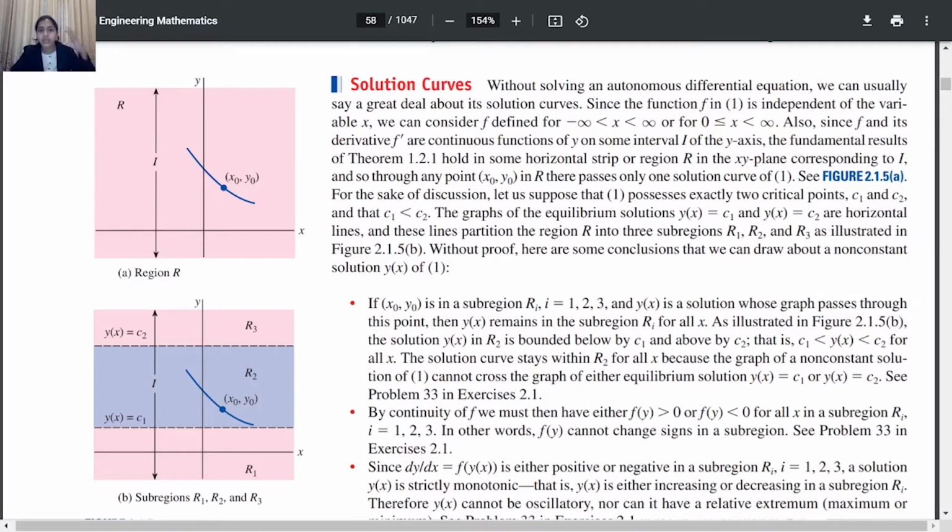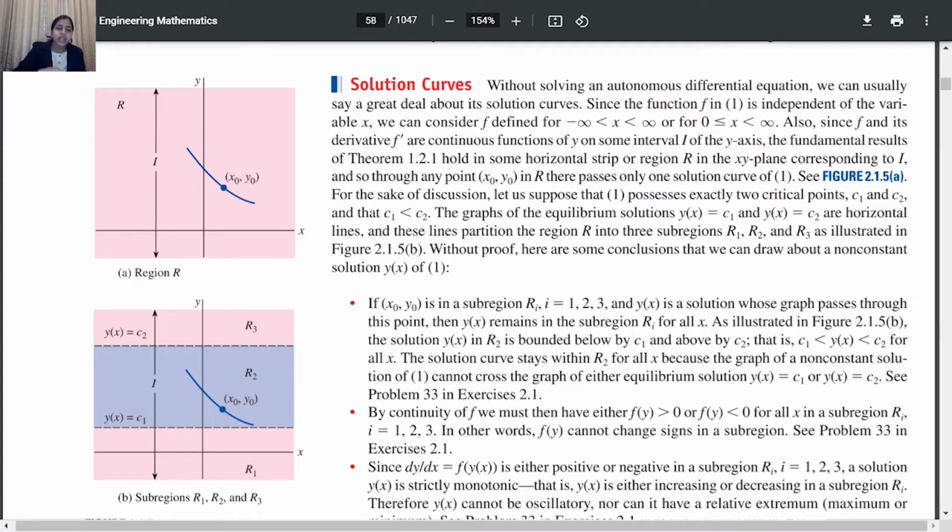Now, without finding the solution of the differential equation, we are going to say a few things about this particular solution. First, this solution curve will never cross these two lines, y equal to c1 and y equal to c2. Why? Because we are considering non-constant solutions.